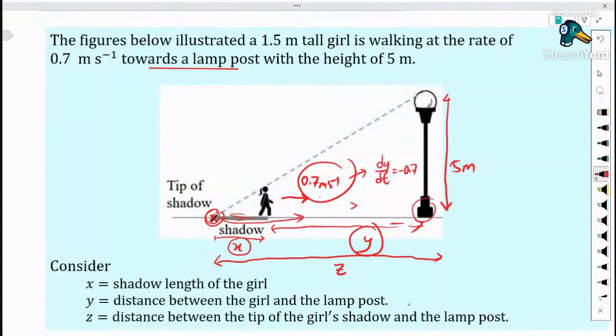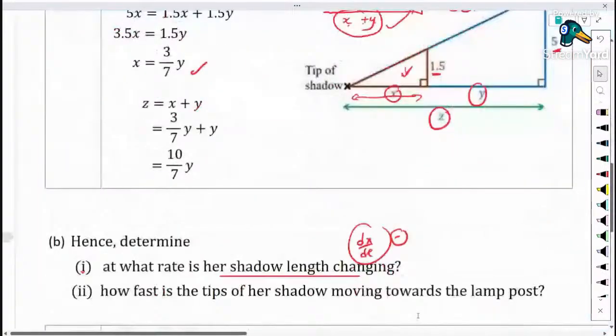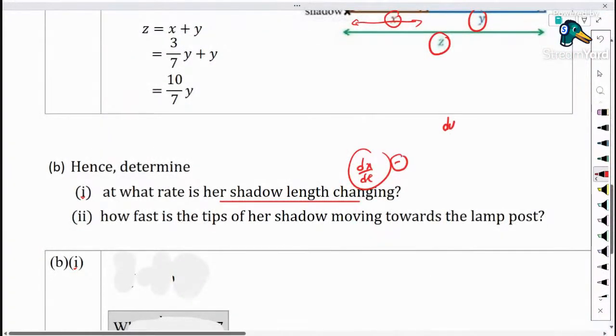And the only reference I can make use of is the rate of change of y, the distance between the girl and the lamppost. So now, with the info that dy dt equals negative 0.7, I would like to find dx dt.